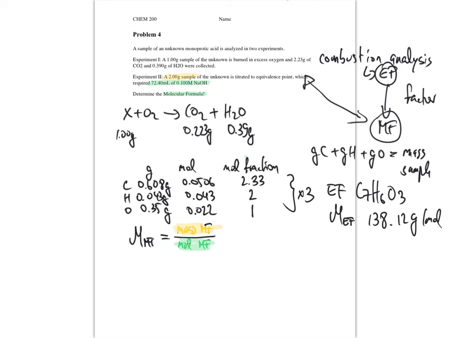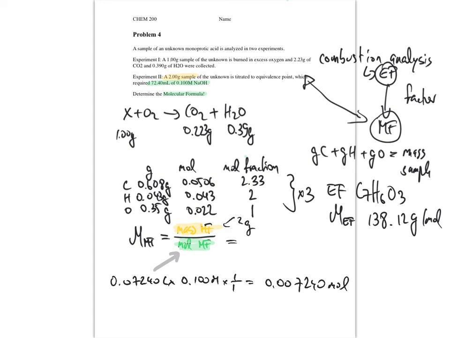Now, it should be very simple for us to see that it is a 1-to-1 mole-mole ratio between the base and the acid, and it should be very straightforward to calculate the moles of the molecular formula, and that should just be 0.07240 liters times 0.1 molar times 1/1 for the mole ratio, and that should give me 0.007240 moles.